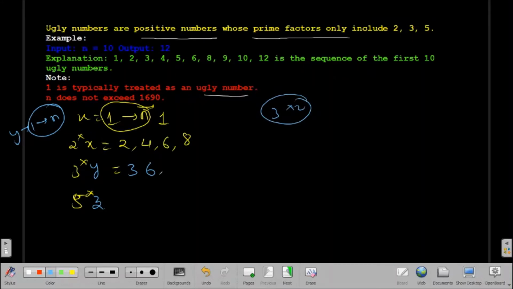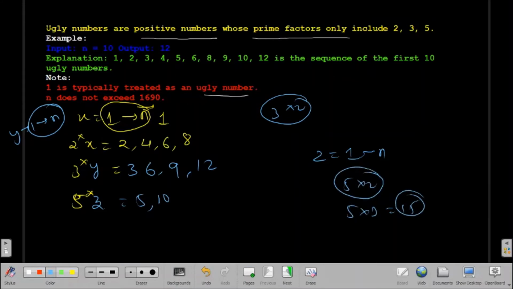Again 3 2s are 6, 3 3s are 9, 3 4s are 12. In the same way for z from 1 to n: 5 into 1 is 5, 5 2s are 10, 5 3s are 15, and 5 4s are 20, because 4 is also an ugly number.